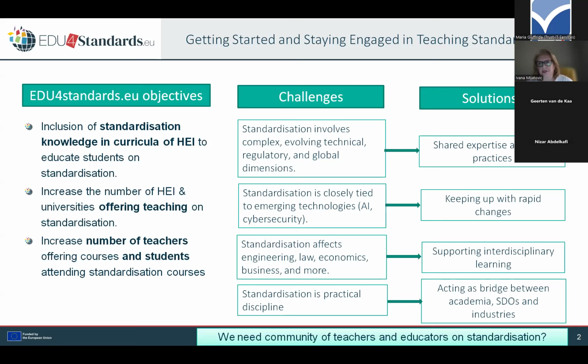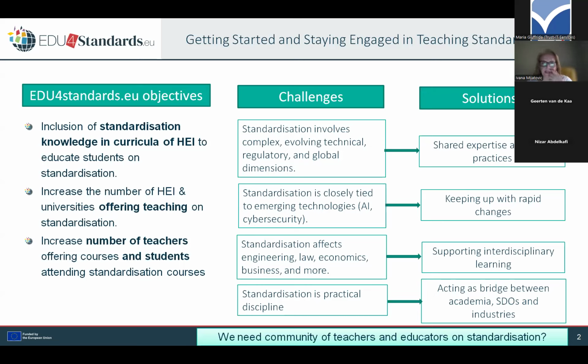Standardization affects engineering, law, economics, business, and more, but few of us are experienced in all of these areas. So supporting interactive, interdisciplinary teaching and learning is very important, but you cannot do that alone.